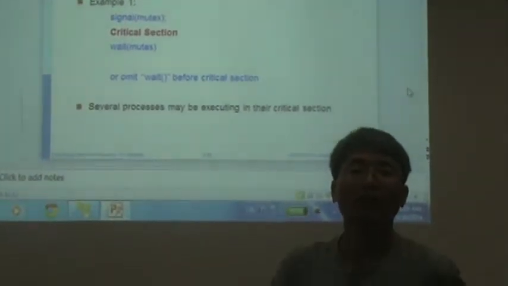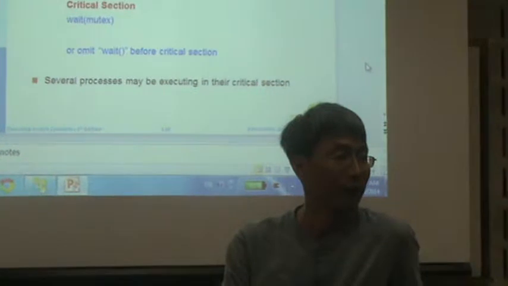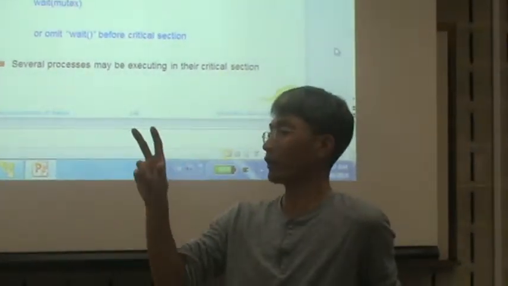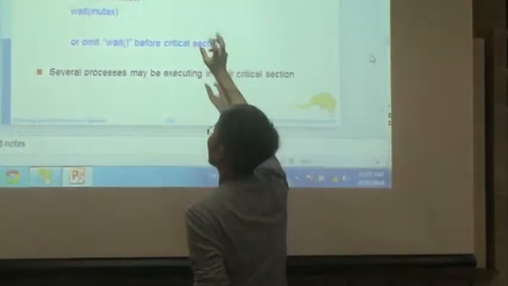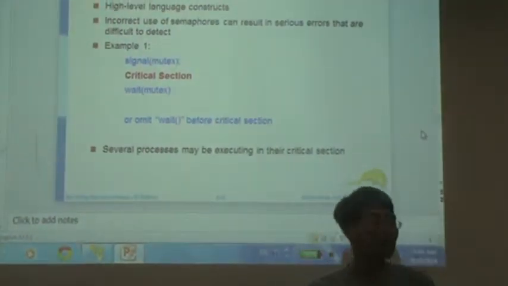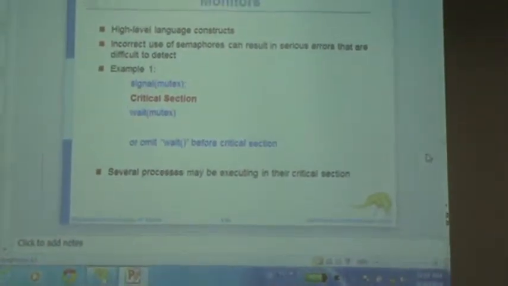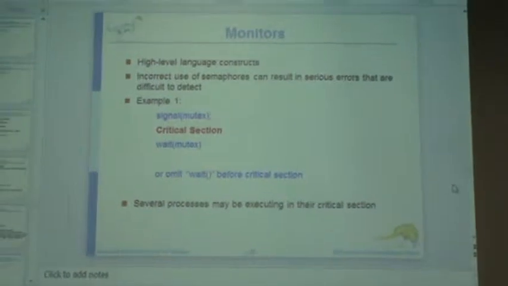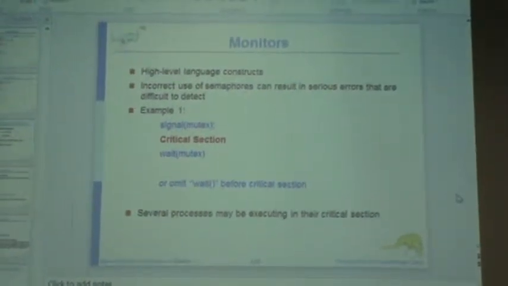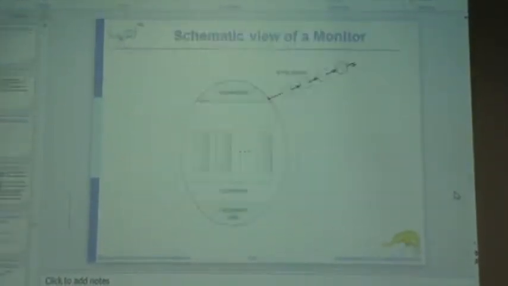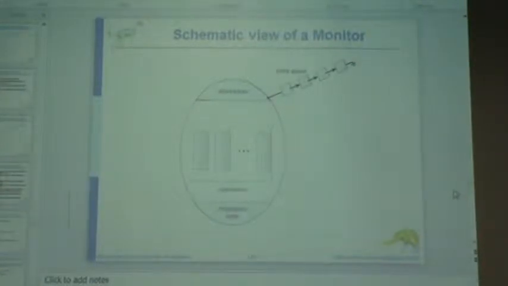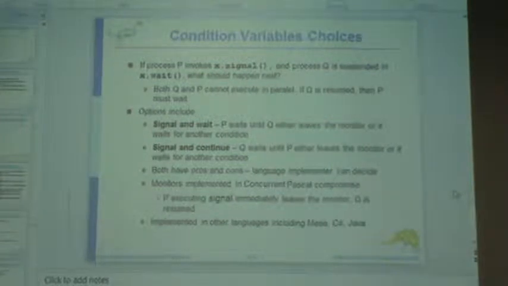Instead, the compiler actually tries to check whether they release the wait and signal correctly and appropriately. So we are not going to see the details of the monitor because you may not use such a monitor structure for the critical section problem. It's usually managed by the compiler.